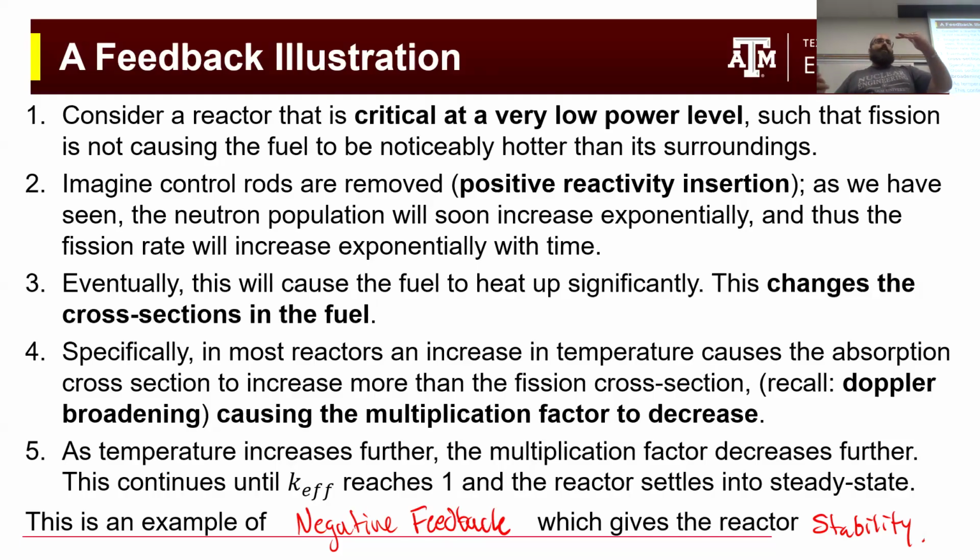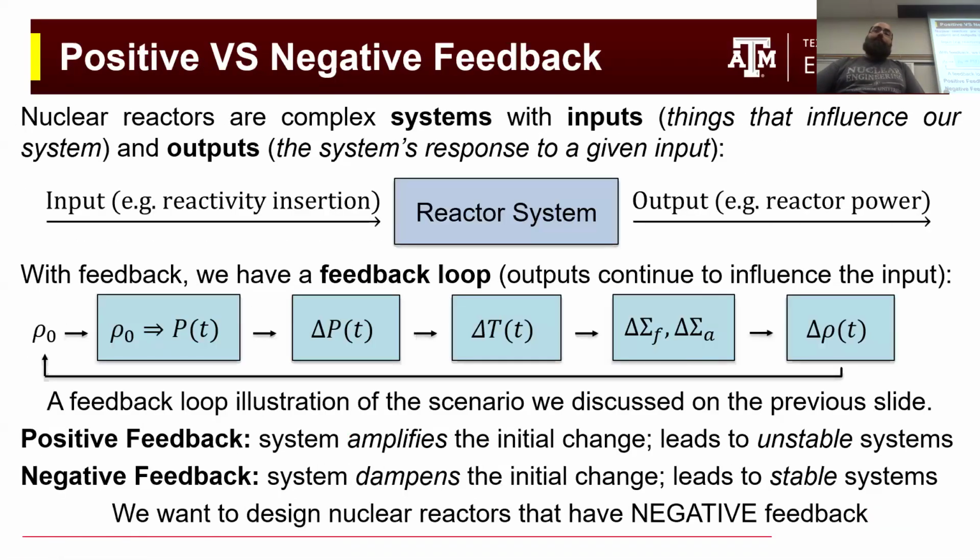You're critical, you remove a control rod, that causes an increase in your neutron population and an increase in your power. And if you don't have negative feedback, then that's just going to exponentially increase forever, and then your reactor melted down, and then a lot of people are really sad. So demonstrating negative feedback is really important, and it helps make our reactor stable and more controllable.